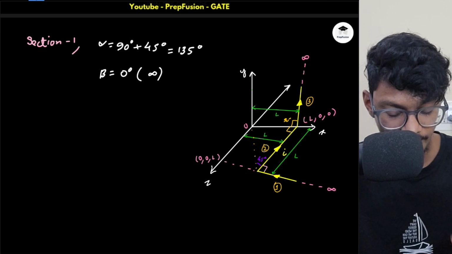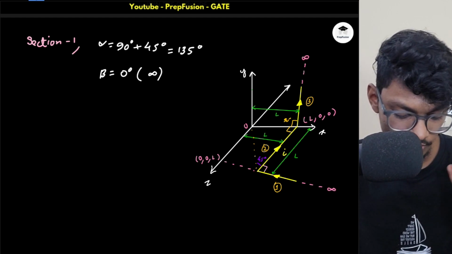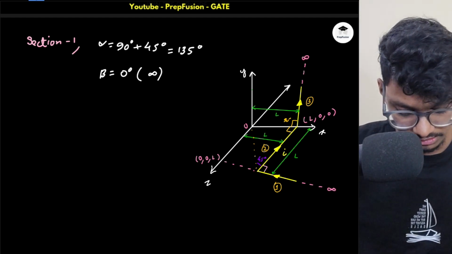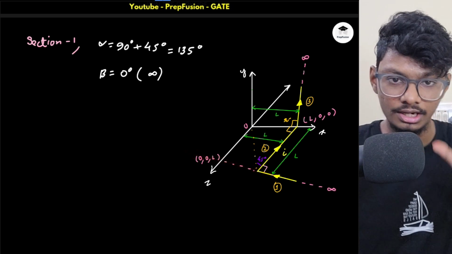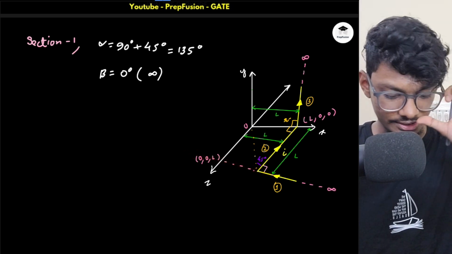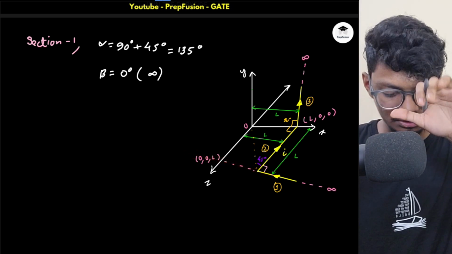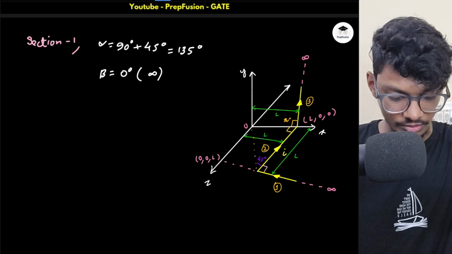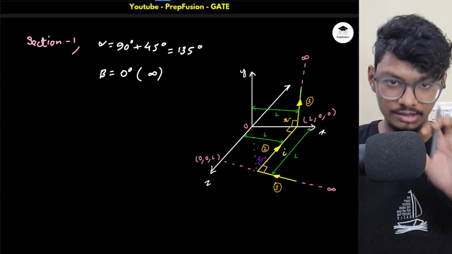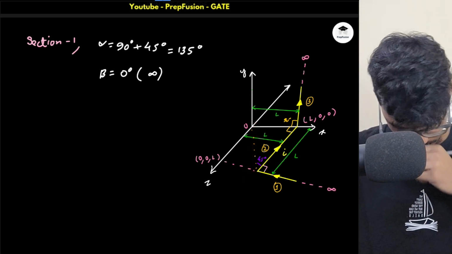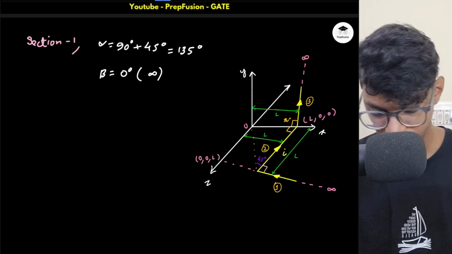From now we have to talk about the direction as well. Due to this section 1, if I place my thumb along the current direction and curl my fingers, it is along minus a y cap. It is going downwards, right? So the direction will be minus a y cap.